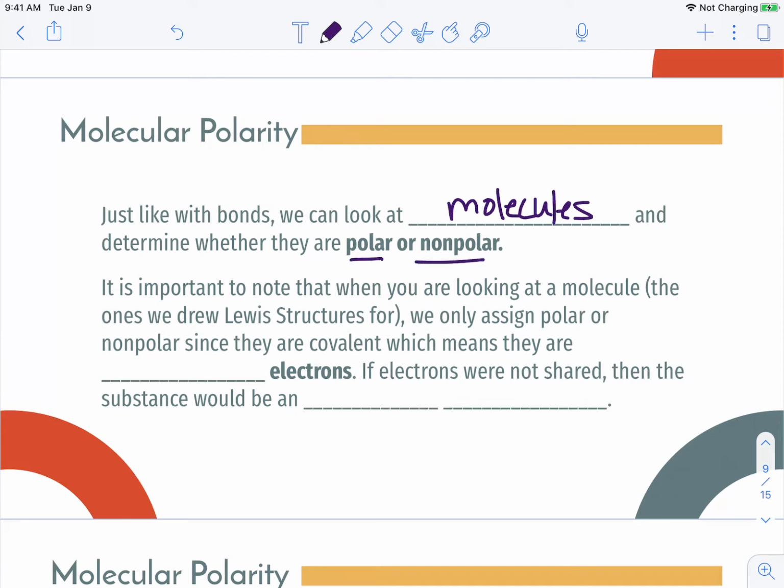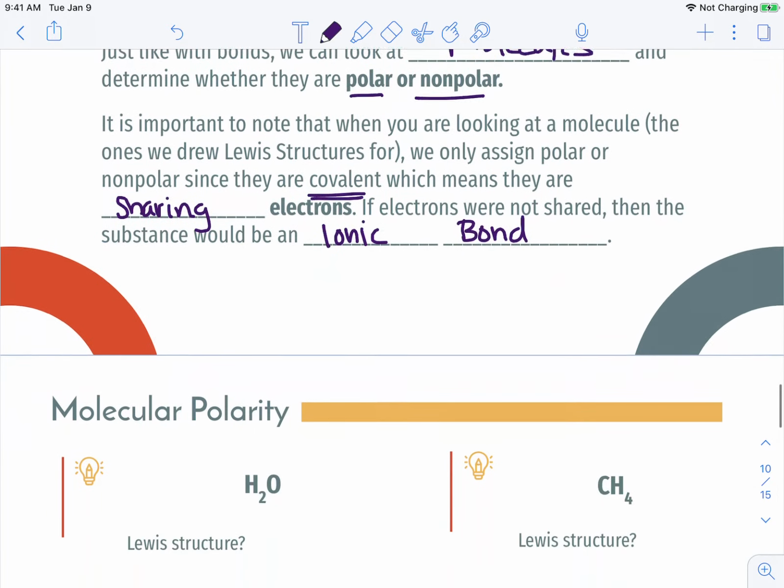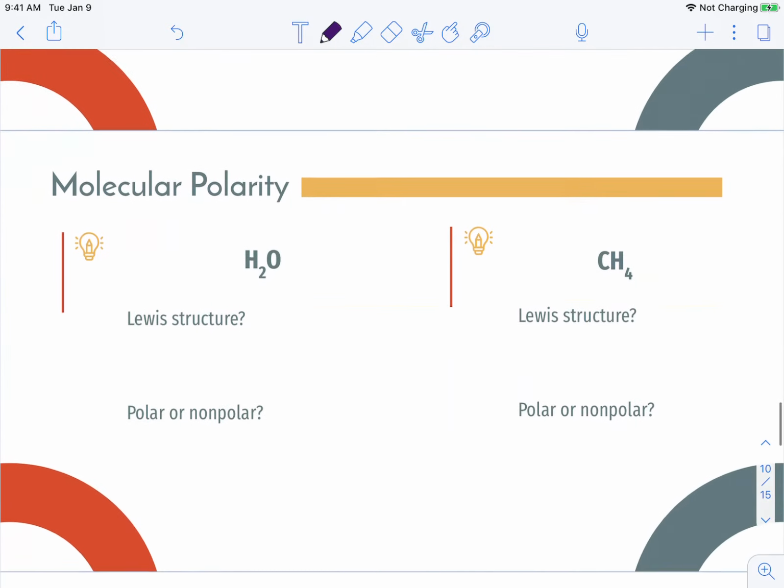It is important to note that when you are looking at a molecule, the ones we drew Lewis structures for, we only assign polar or nonpolar since they are covalent, which means they are sharing electrons. If electrons were not shared, then the substance would be an ionic bond or a compound, not a molecule. Okay, so that's important to note.